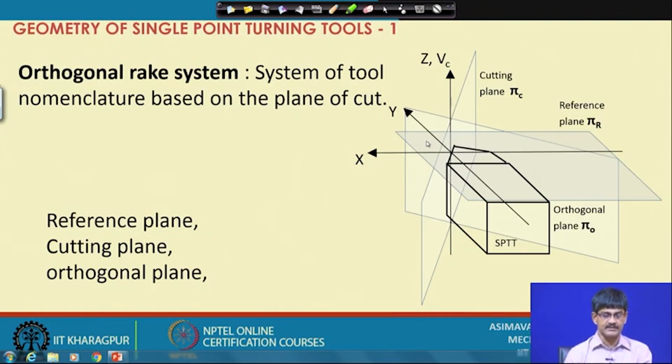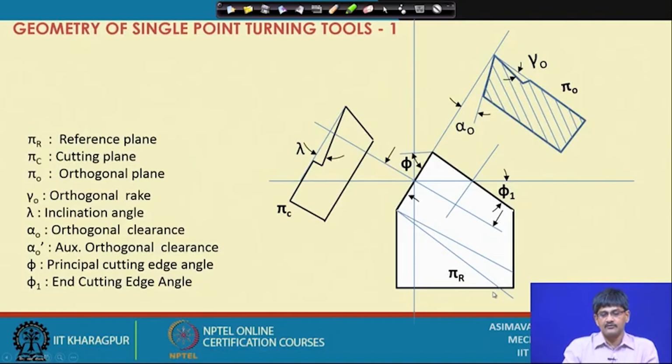So, we have these definitions: reference plane, cutting plane, orthogonal plane. And let us see how the sections, I mean the angles, come out to be in that case.